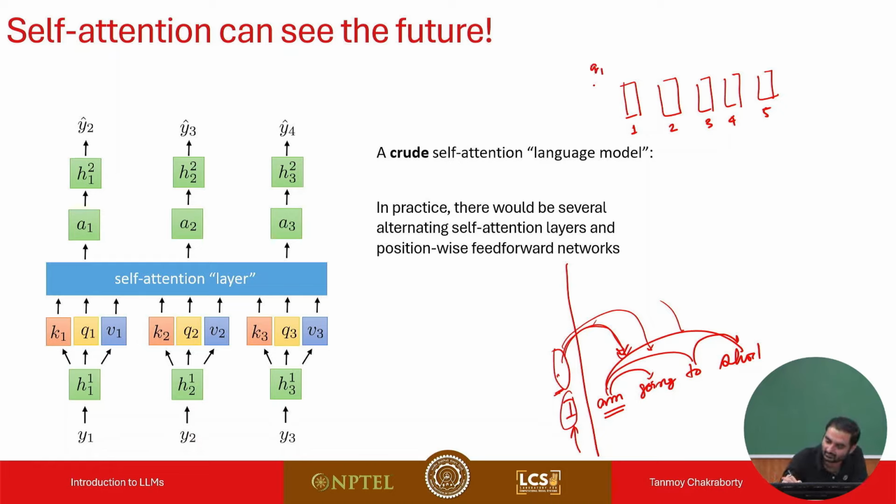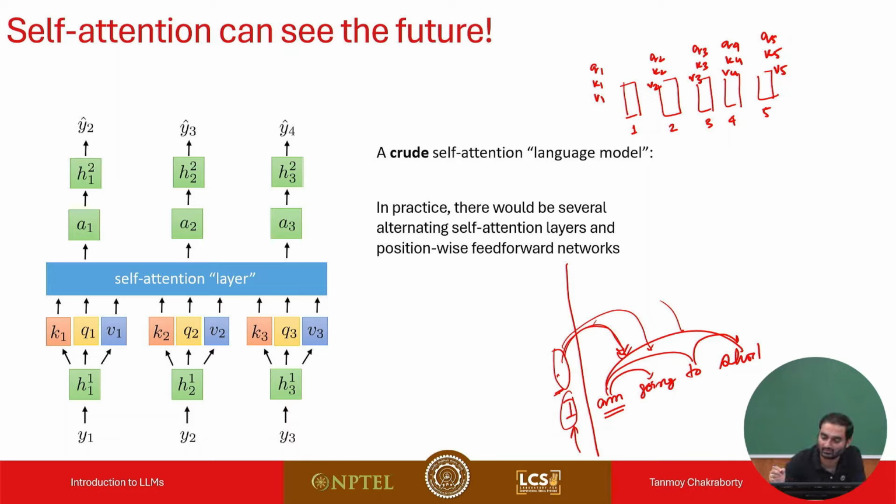Let's say this is Q1, K1, V1, Q2, K2, V2, Q3, K3, V3, Q4, K4, V4, Q5, K5, V5. These are query, key and value vectors obtained from every decoder state.